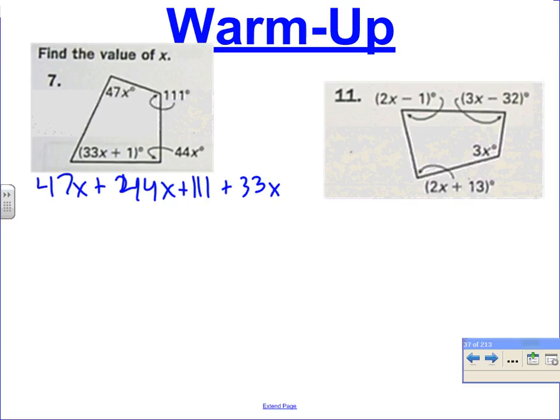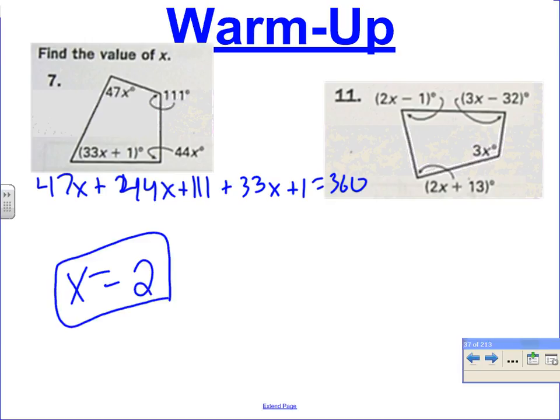And Evan, why did you set it equal to 360? Awesome. So there's 360 degrees in a quadrilateral, so add up all of the interior angles, set it equal to 360. Evan, what did you get for x? Awesome. After you combine like terms and solve for x, you guys all should have gotten x was 2, so hopefully you tried the warm-up.